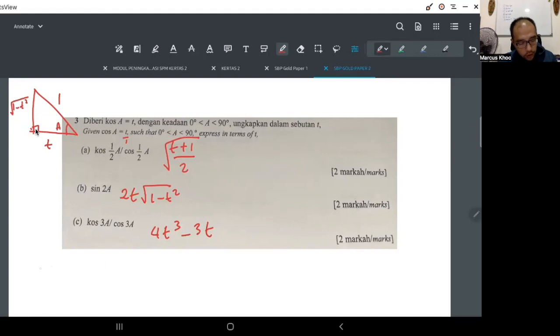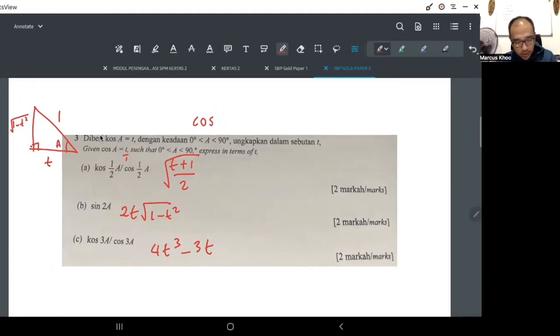So cos half A, if we use the cos squared A formula. No, not cos squared A, sorry. Cos 2A actually equals 2 cos squared A minus 1.